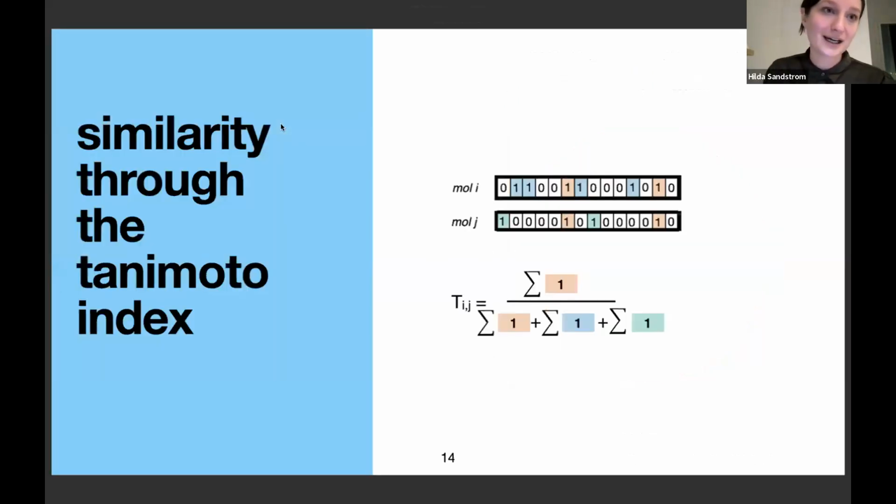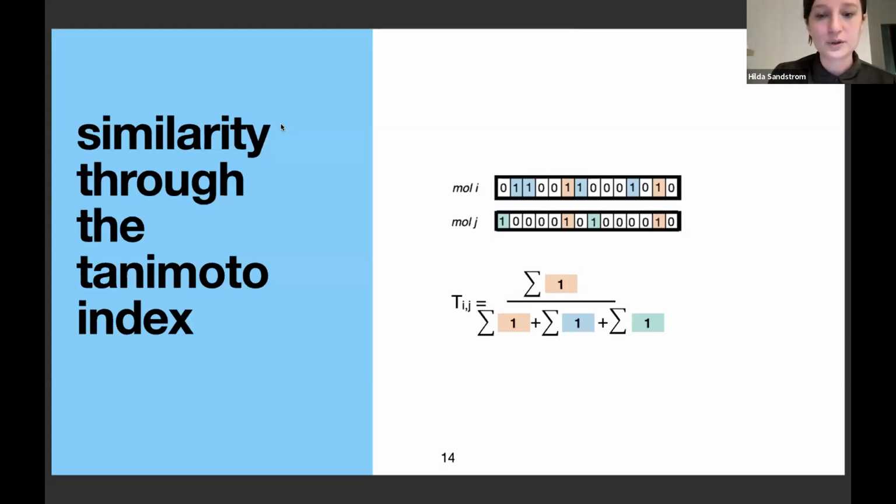So I wanted to quantify the similarity using the Tanimoto index as well, which is another way to measure molecular similarity. The Tanimoto index basically looks at these molecular fingerprints and counts the number of shared features and contrasts that with the number of features that the molecules have that are not shared.